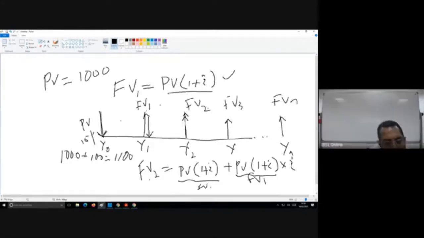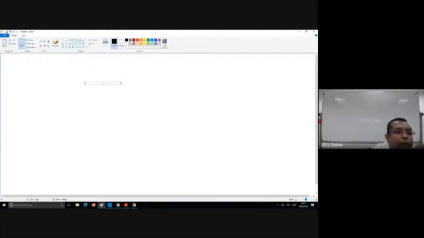Right. So at the end of year 1, you will reinvest the 1100, right? This is your initial investment, 1000 rupees. Our interest rate is 10%.